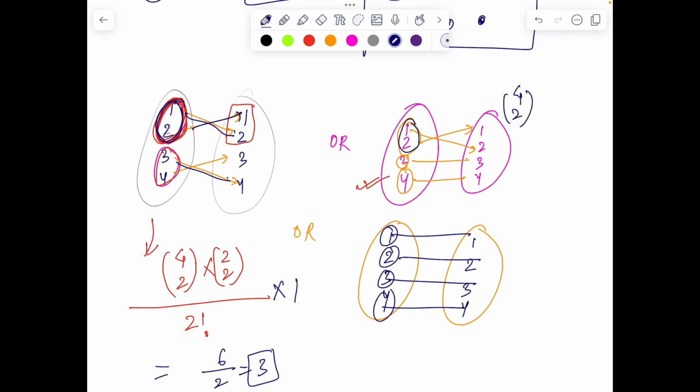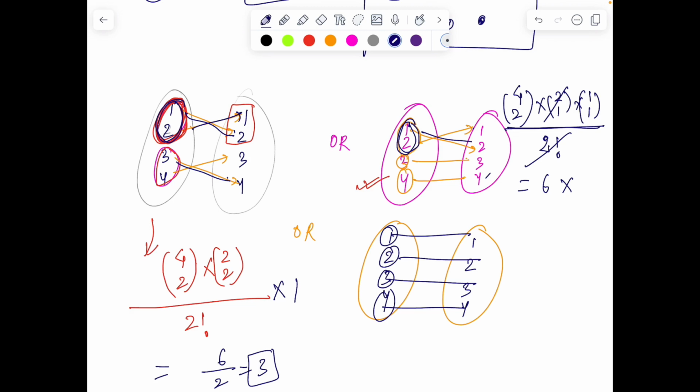Let's come to the second possibility, when we have a group of 2, 1, 1. Out of 4 I'll select 2 objects, from the remaining I'll select 1, and from the remaining I'll select 1. Again, this includes the case when 1, 2, 3, 4 is selected, or 1, 2, 4, 3 is selected, which is basically the same group selection. So we have to divide by 2 factorial, and that still gives 6.